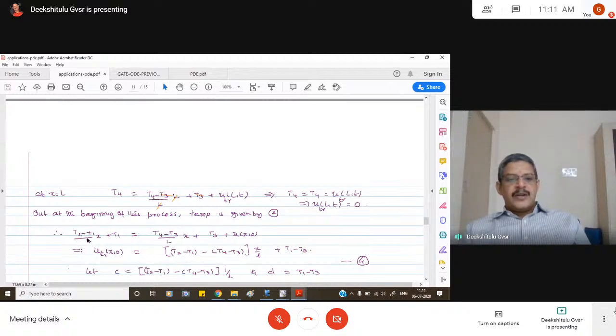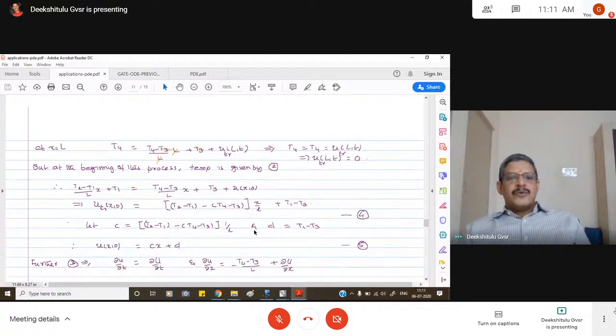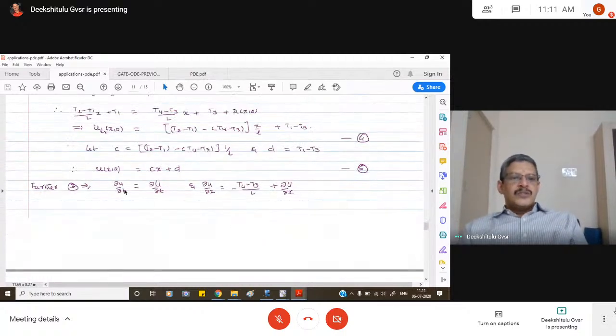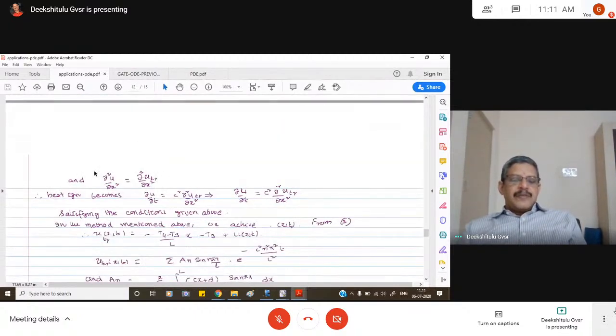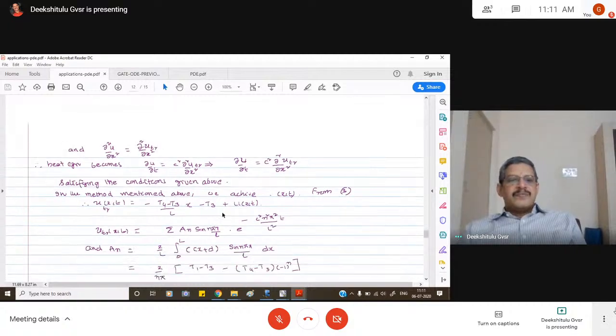So U_TR of x,0, if you send these terms to the other side, is (T2 minus T1 minus T4 plus T3) into x by L plus T1 minus T3. Call this constant C and this D. So the initial condition is Cx plus D, where C and D are as given. Now from the transient equation, the solution is given like this.